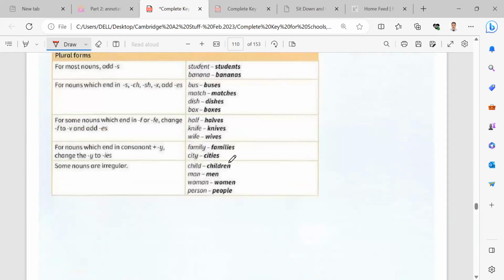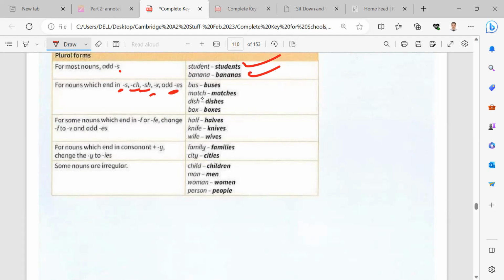Now the plural. What about the plural? Change nouns from singular to plural. Just write S, like student, students. Banana, bananas. This is easy. Next, if the noun ends in S or CH or SH or X, you must add ES.